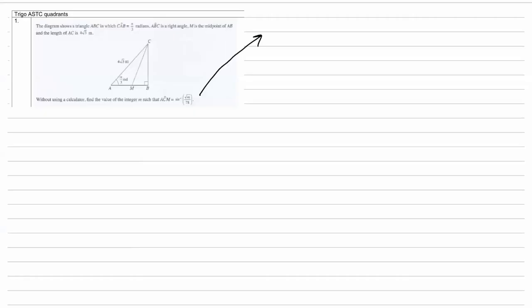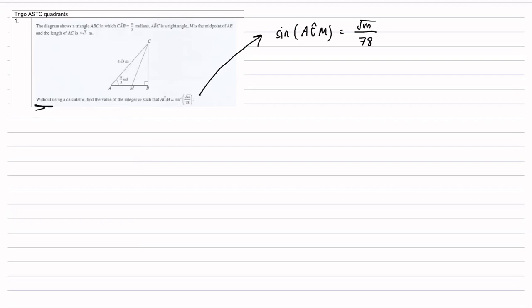So straight away, I see sine inverse and I think, sine inverse? How? I cannot calculate sine inverse on a calculator. I mean, without using a calculator. So that means this is actually equivalent to asking us to prove that sine of angle ACM equals square root of m divided by 78. Okay?